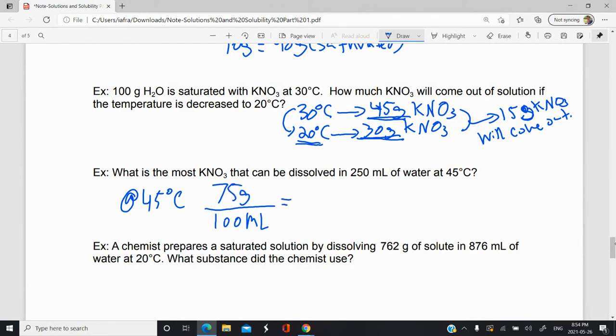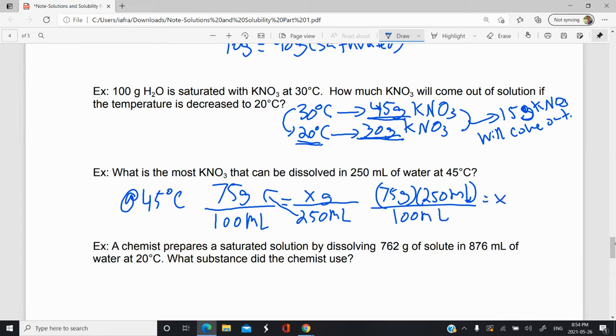Now the ratio would maintain itself. So I'm going to equate this to 250 mils here, and I want to find what the value of X is. So the ratio should equate itself, and I can simply cross multiply to find out what X is. In other words, I get 75 grams times 250 mils, divided by 100 mils, should be equal to my X grams over here. The reason this multiplies is because it was division on the other side.